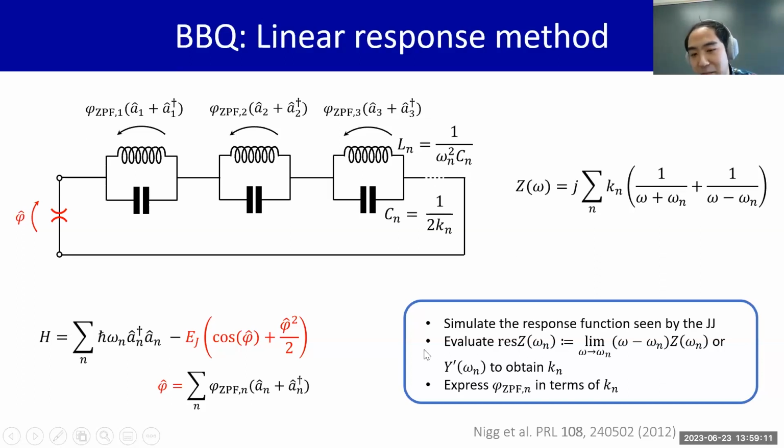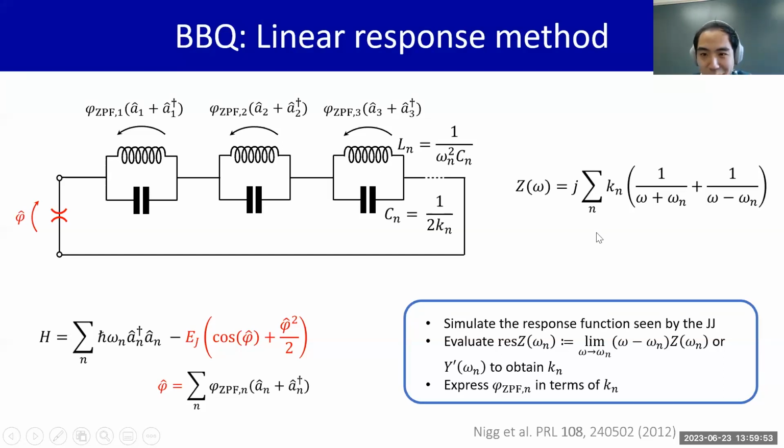Or you can simulate the admittance function and get the derivative at these resonance frequencies to get that Kn. So Kn essentially gives you the L and C values for each mode. The L and C values give rise to the eigenmode frequency and the impedance of this mode, and that impedance is directly related to the phi ZPF. So when you know that, we can construct the overall phi parameter from the phi ZPF of each mode.